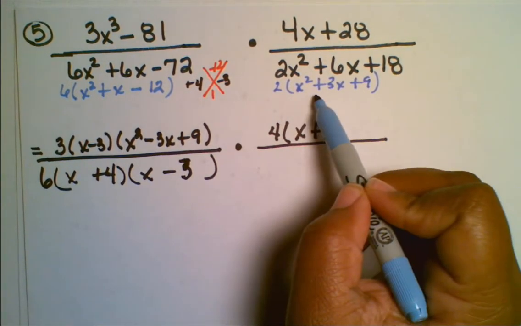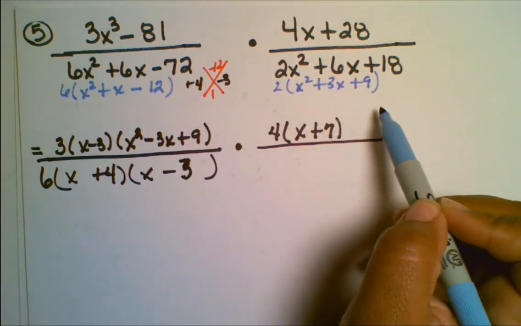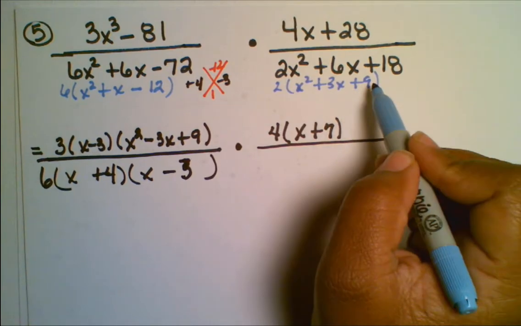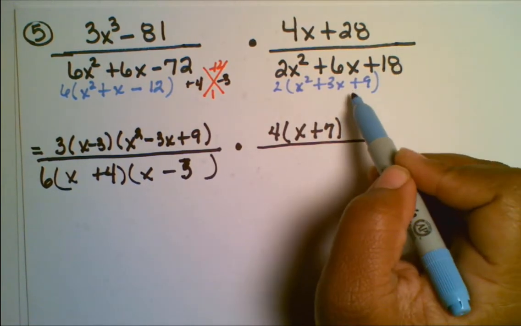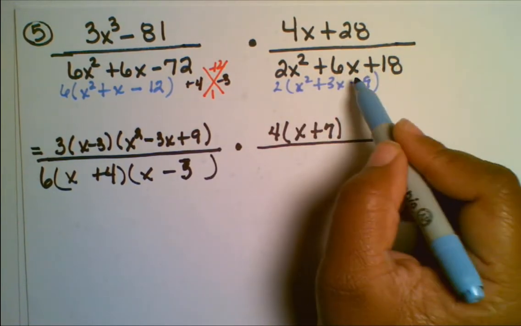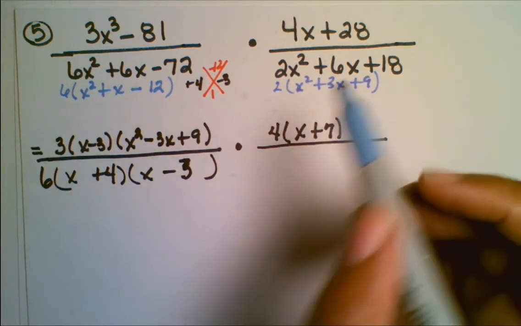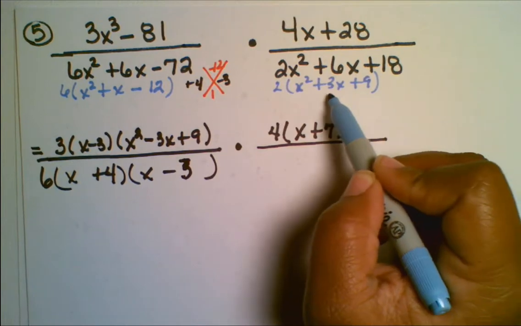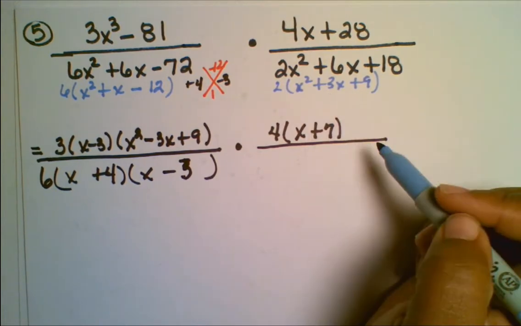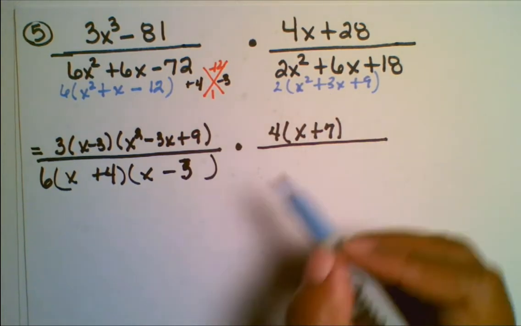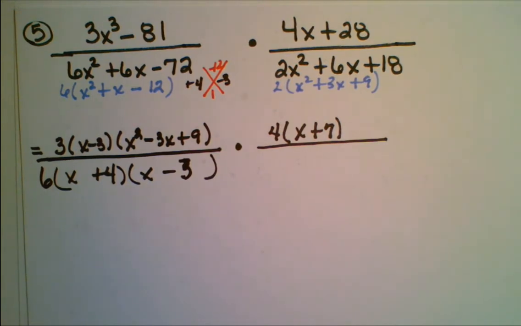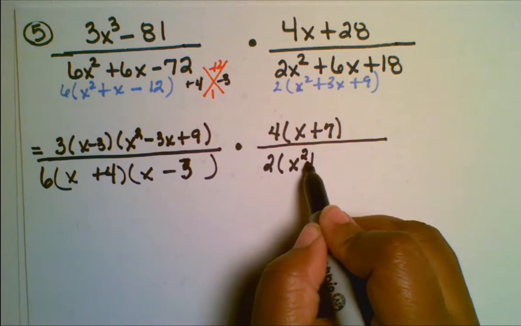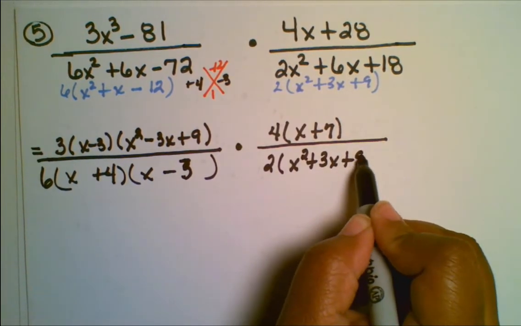Now, look at the x squared plus 3x plus 9. Okay, I see a mistake that I did, and I'm pretty sure you may recognize it. I'll say it in a few seconds. So remember, what are factors of 9 that would give us 3? It doesn't work out. So this denominator is going to be 2 times x squared plus 3x plus 9.